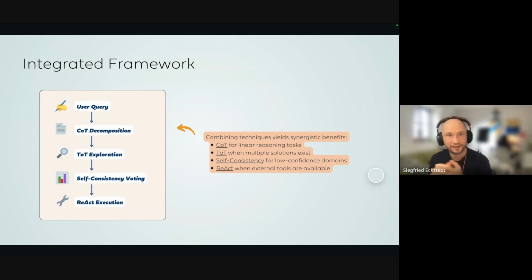Lastly, I want to share something. It's actually second last, but before I go to the very last point, I want to share an integrated framework where you can combine all of the techniques to have some synergies from it. Imagine you have a user query first, and then with just as simple as "let's think step by step", you can create a chain of thought, decomposition of the reasoning tasks.